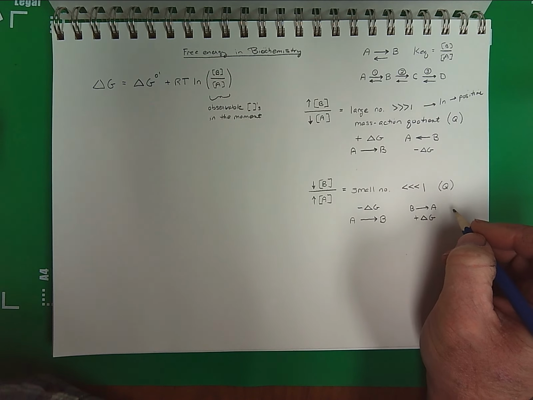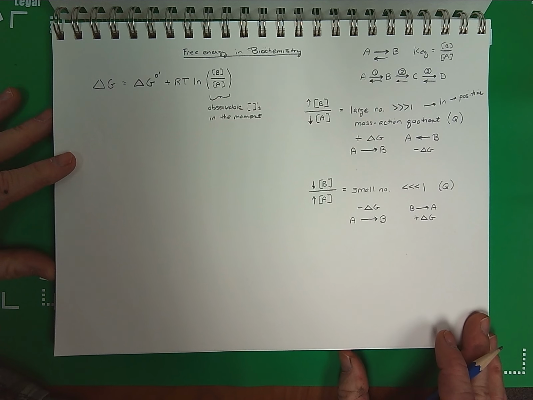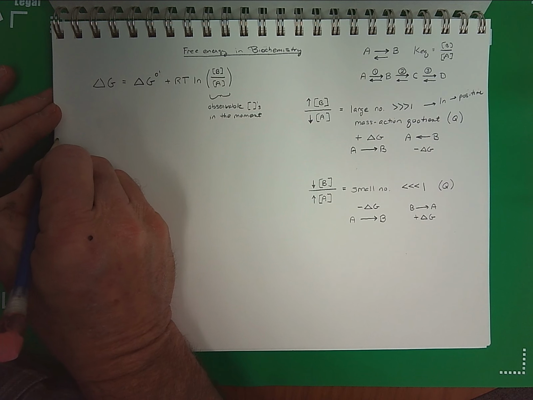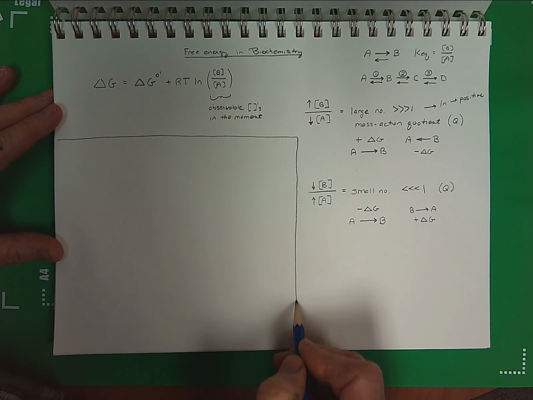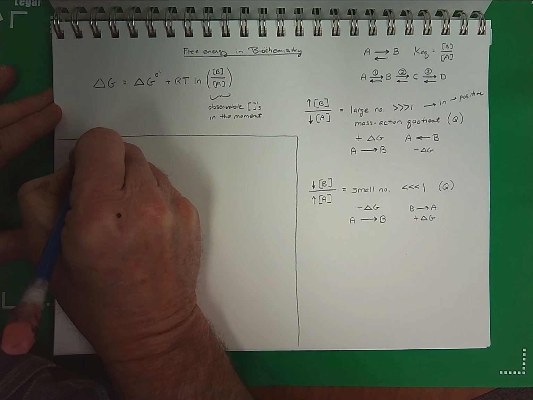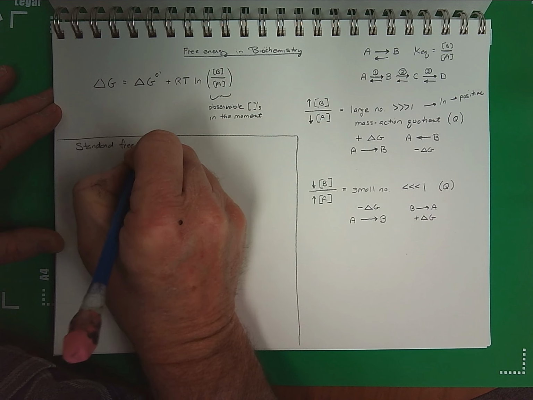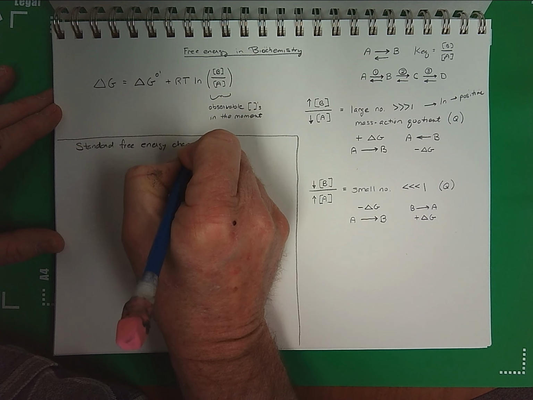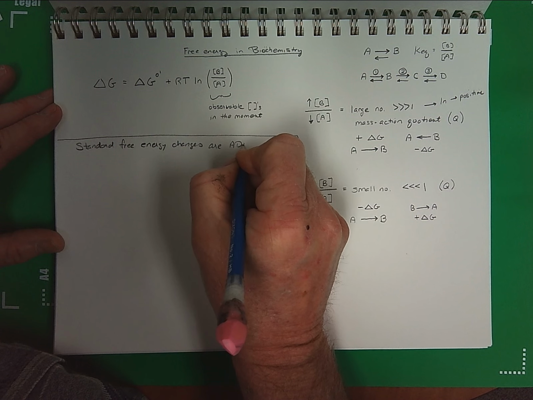Now, another important consideration in biochemistry is that standard free energy changes are additive. So let me partition off this corner of the paper. Standard free energy changes are additive.